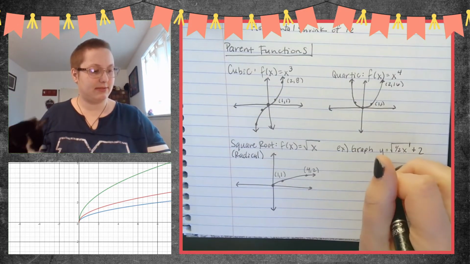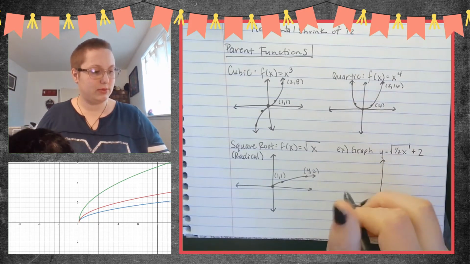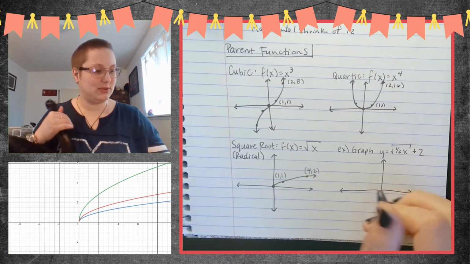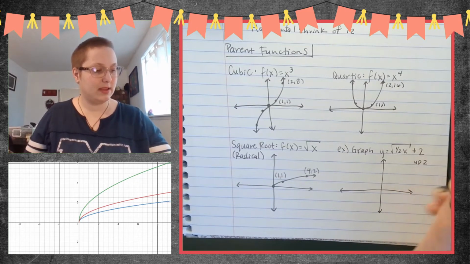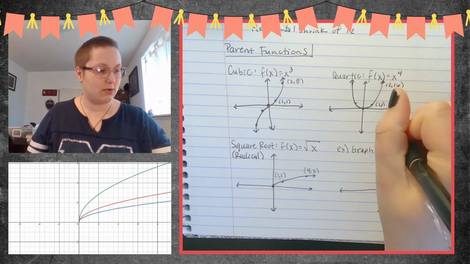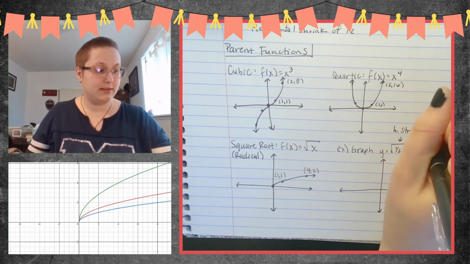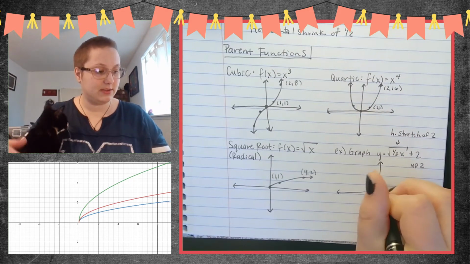Okay, so here's my little graph. So the +2 is an up 2, and the 1/2 is a horizontal stretch of 2. So I'm going to move the 0, 0 up 2.